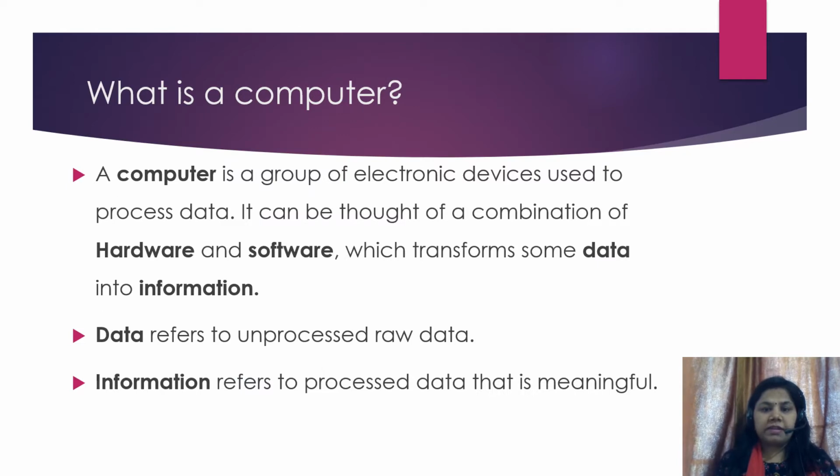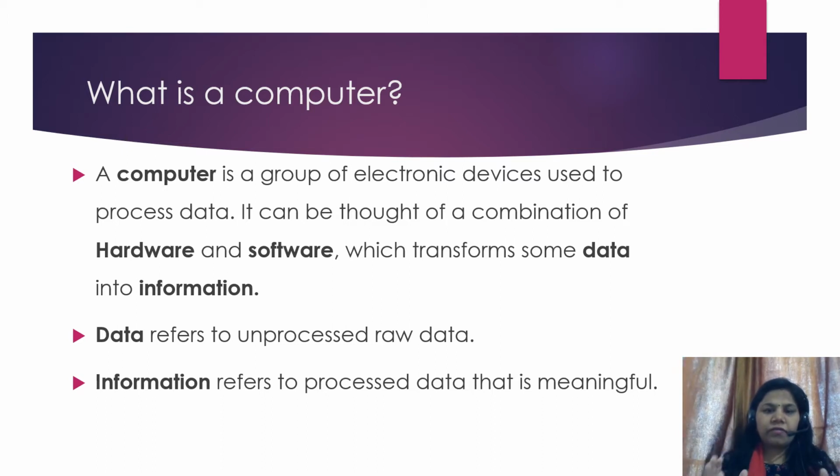Now next, again they are defining what is a computer in simple language. A computer is a group of electronic devices used to process data. It can be thought of as a combination of hardware and software which transforms some data into information.